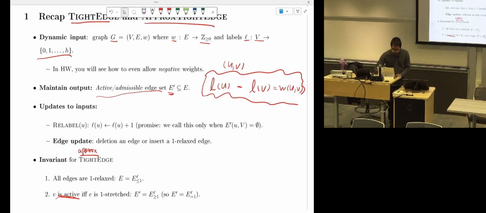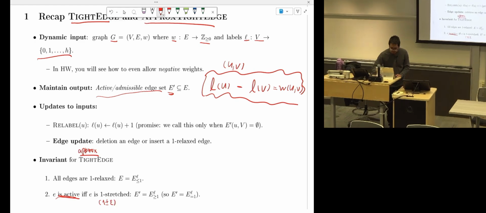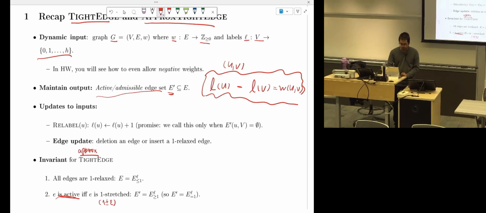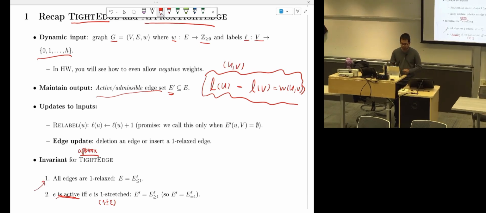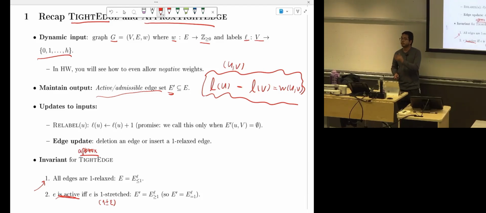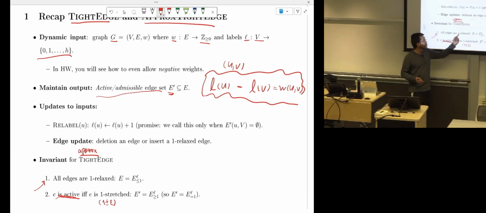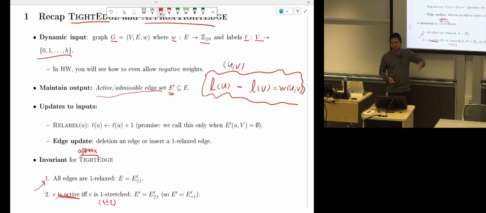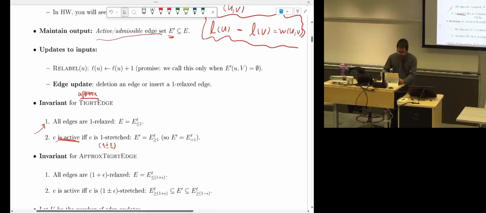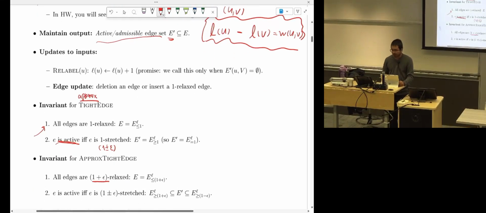So maybe this is kind of 1 plus-minus epsilon stretch. That's the idea. What about the first one? How do we relax the condition for all edges? Yeah, so 1 plus epsilon relaxed. It can be overstretched by a bit. So that's exactly what we have: it's 1 plus epsilon relaxed for all edges.